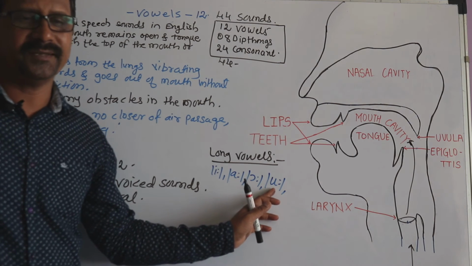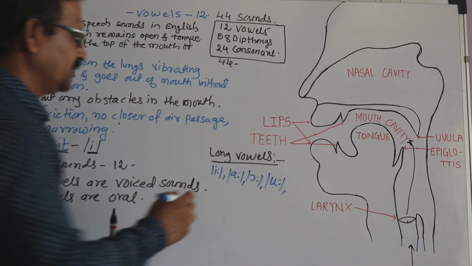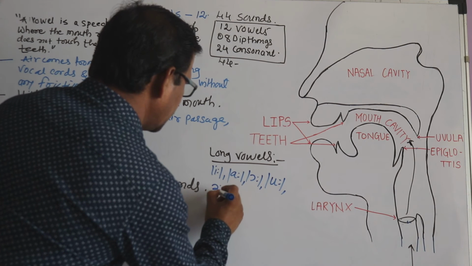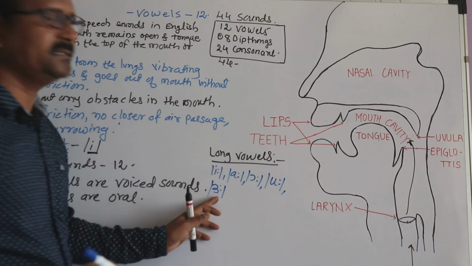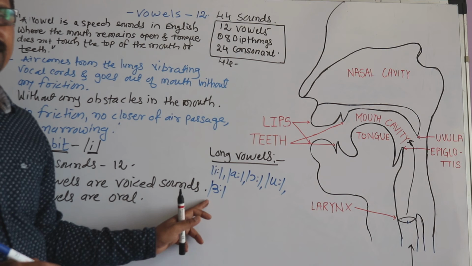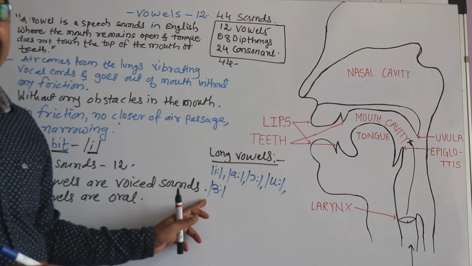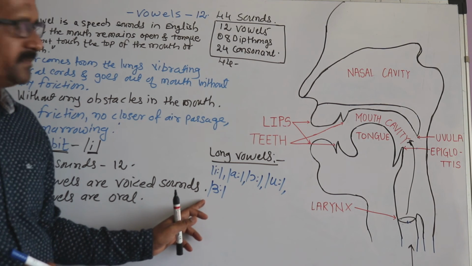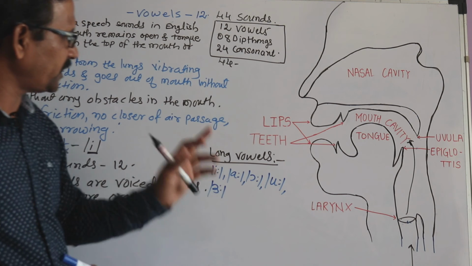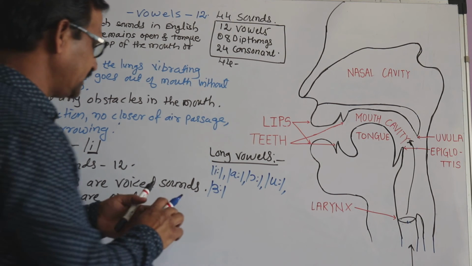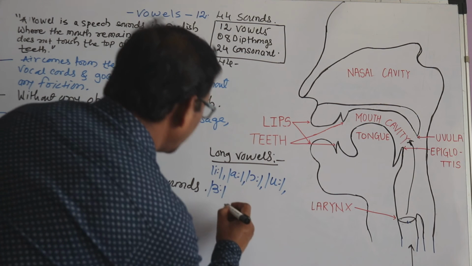Ooh, it's very long. As in serve, S-E-R-V-E, as in serve. So 1, 2, 3, 4, 5, these are the long vowels, and then we have the short vowels too.